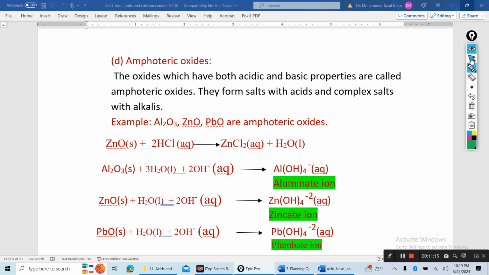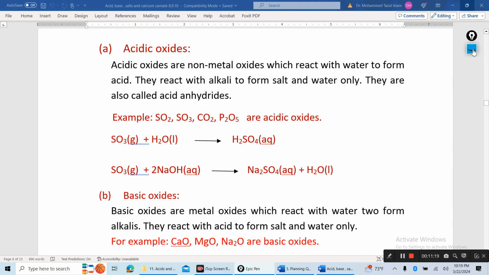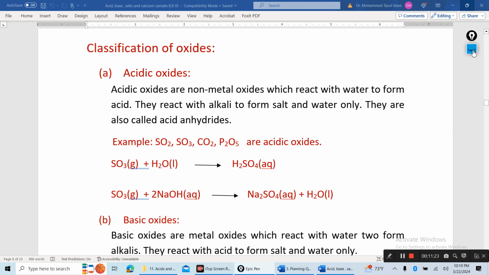First, you see, this is the classification of oxides. How many types of oxide? There are 4 types of oxide. Acidic oxides.